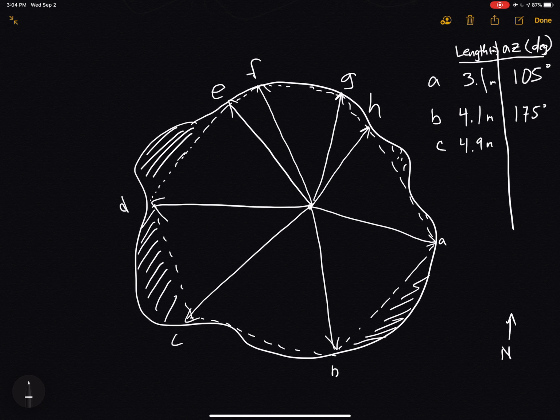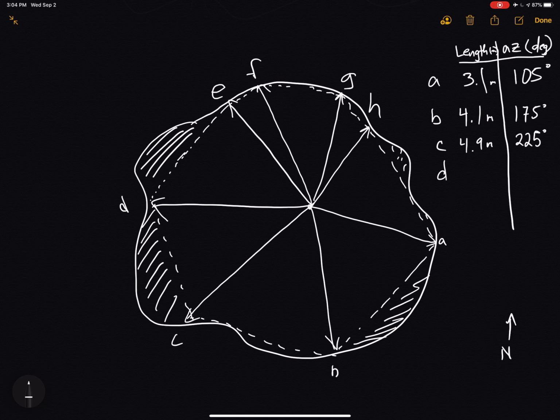And it looks like it's about parallel to the southwesterly direction. So that's going to be 180 plus 45. Let's call that 225 degrees along that radius. Okay? And so on around the table.